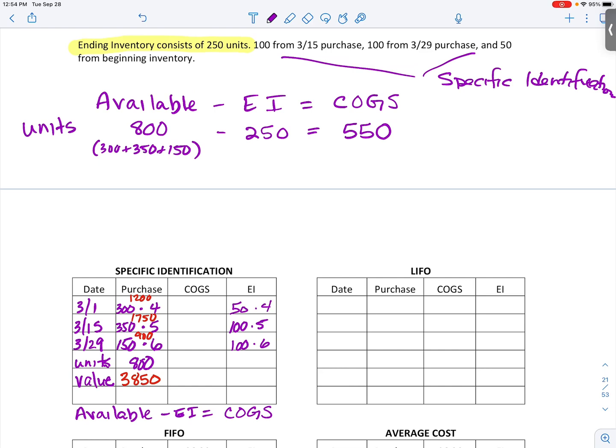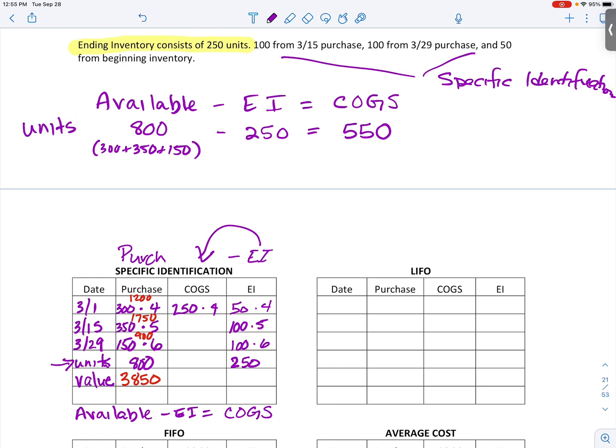That was $4. Again, I want to check my units to make sure I accounted for everything. They come to 250, so that's what they should. Which means now I have to figure out by taking my purchases, subtracting my ending inventory to get my cost of goods sold. Which means I must have sold 250 units of my beginning inventory.